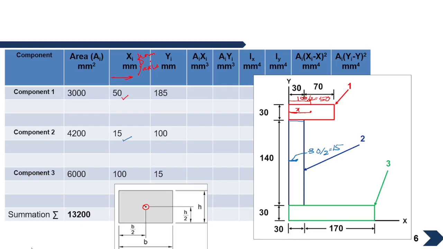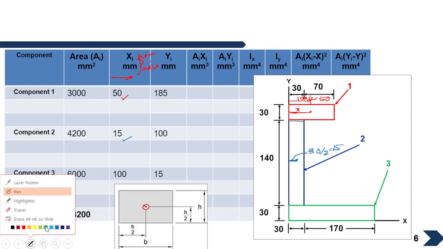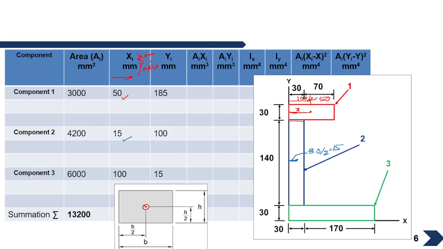Similarly, the centroid for the third component will be somewhere here, at the center of this component. We'll measure horizontally from the y-axis, so this will be the total length by 2.